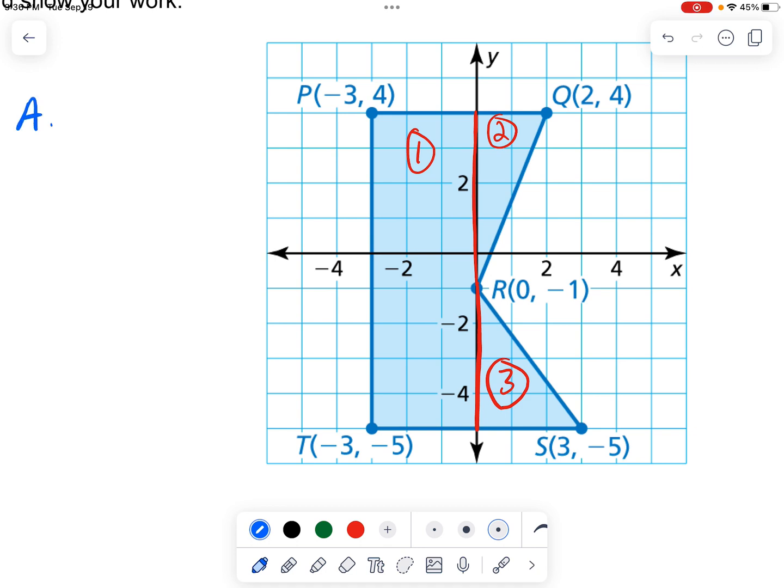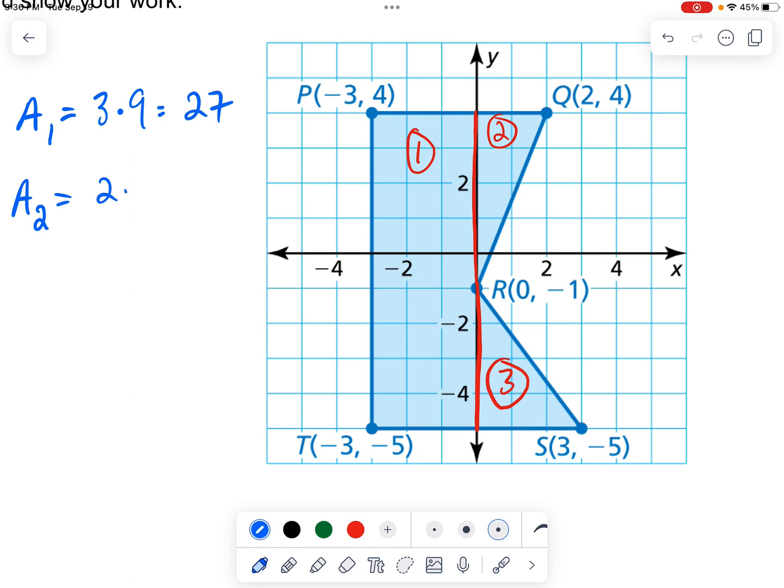So area number 1 is just a big rectangle, 3 by 9. So rectangles are just length times width. So 3 times 9, 27. Area number 2 is a triangle with a base of 2 and a height of 1, 2, 3, 4, 5.